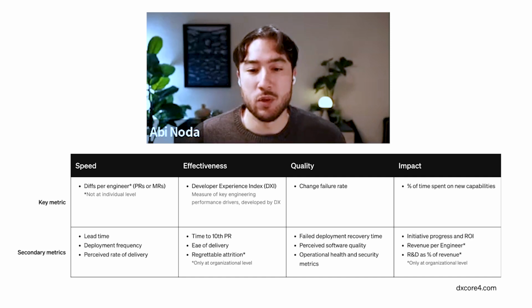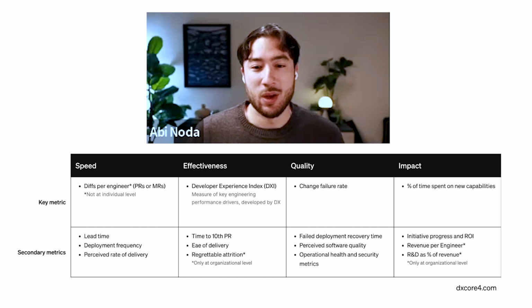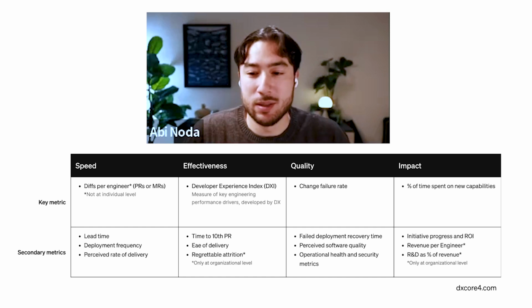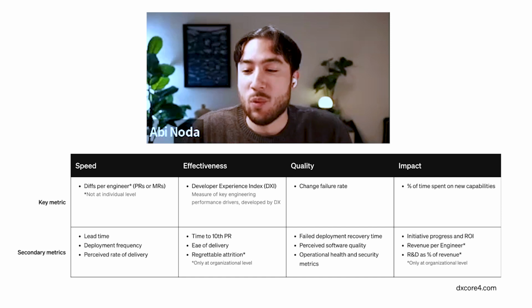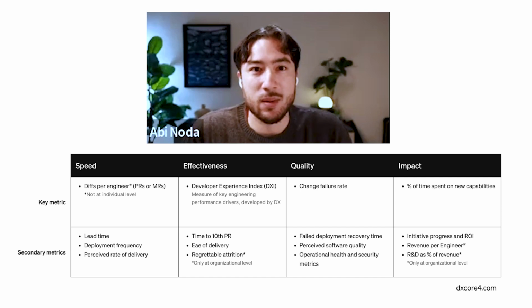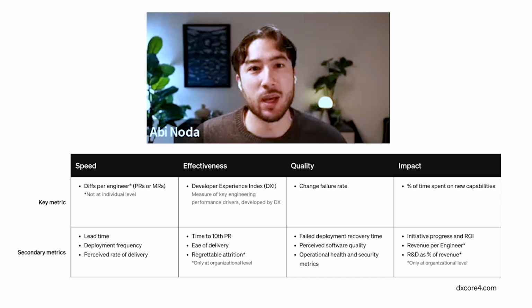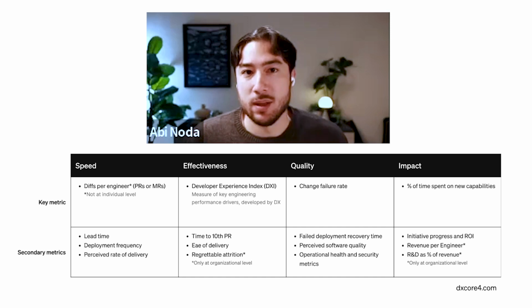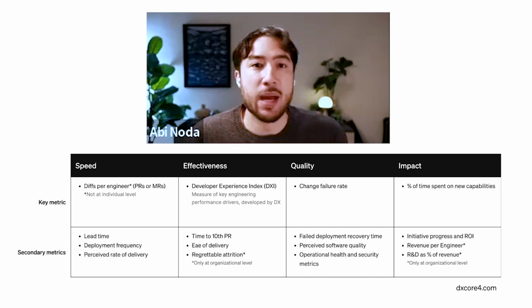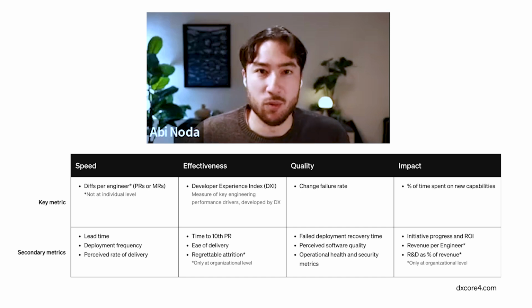However, what we've generally found with organizations we work with and talking to other experts is that while there is the risk of harm and counterproductive behaviors that can come out of using a metric like diffs per engineer, generally what we've seen in the industry is that the benefits outweigh the costs and risks.